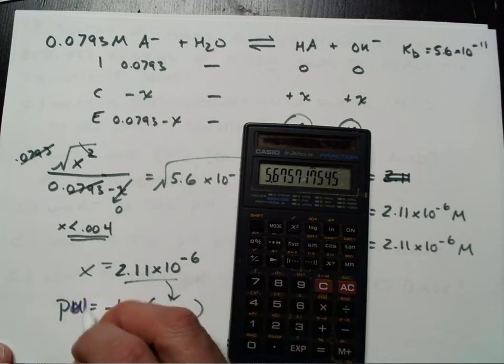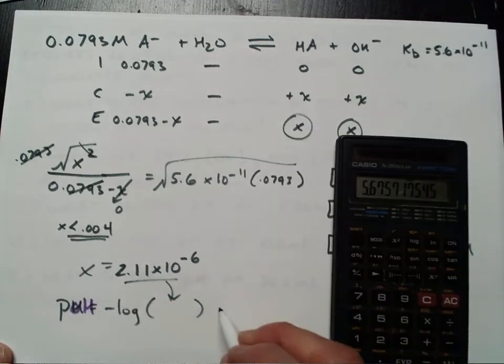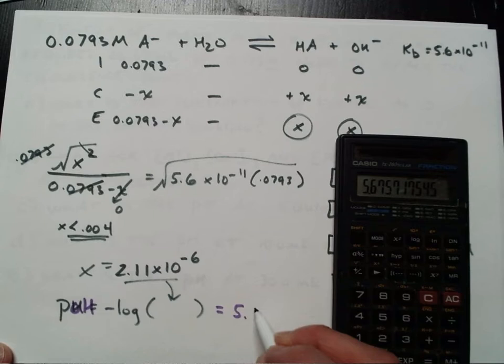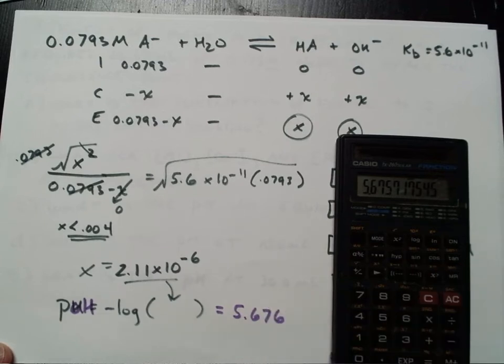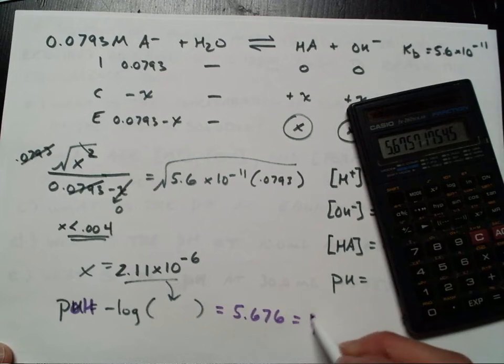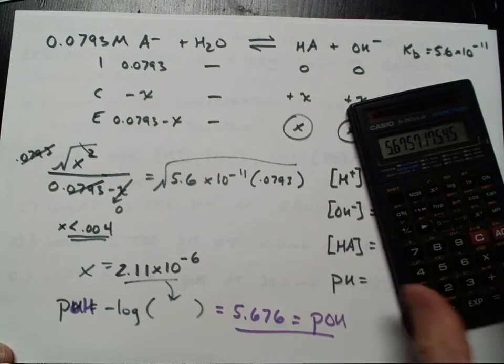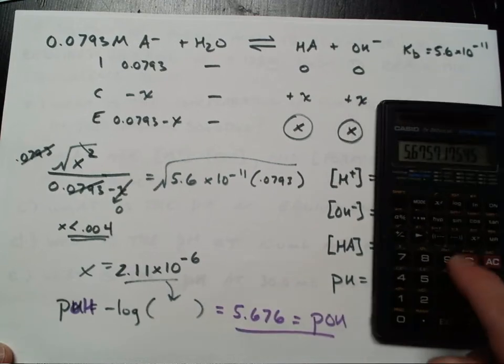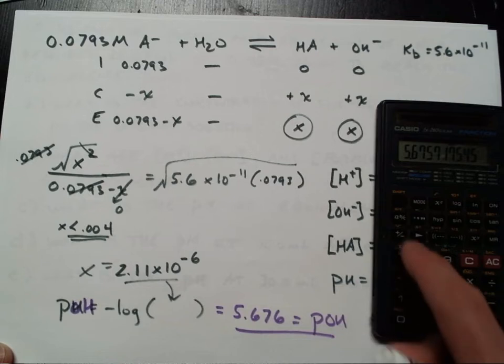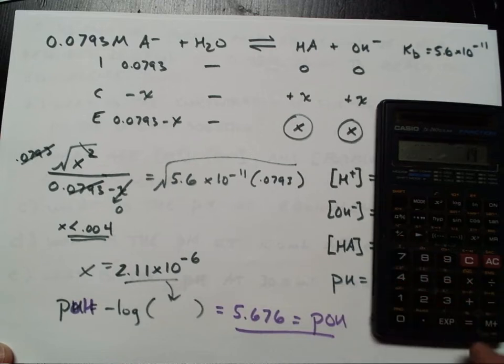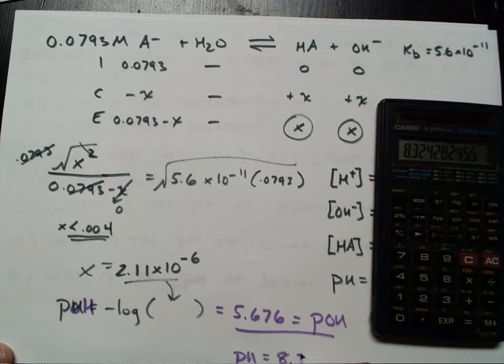Oh, that should say pOH. So my pOH is going to be 5.676. I'm going to go out to another decimal there. That's my pOH. So my pH should be 14 minus this. So let's make it negative and add 14. So my pH is 8.32.